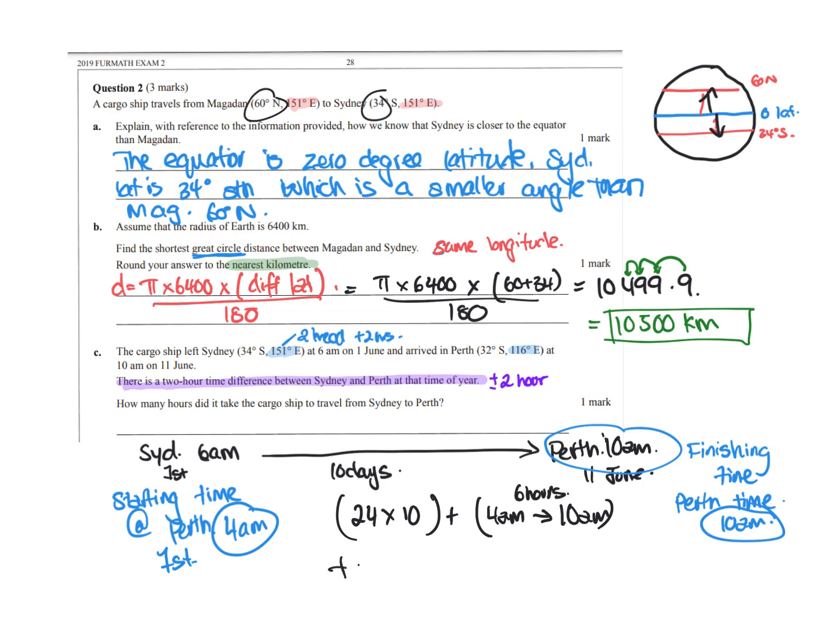So the total is 246 hours. Generally, with one of these, you want to go to where you're going to end up and work out the starting time in that place. Then it's much easier, because you will make sure you get the right hours in there.